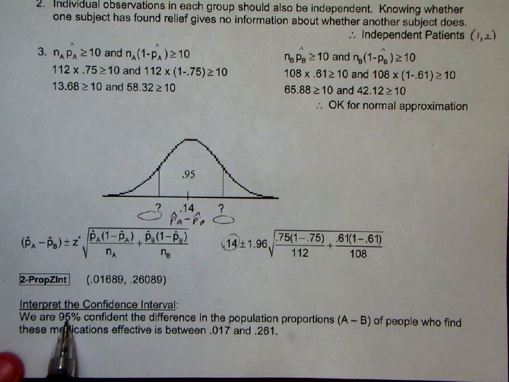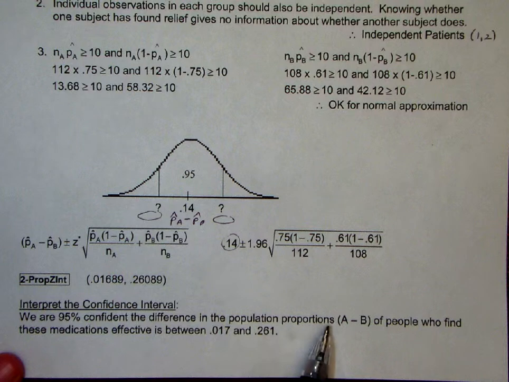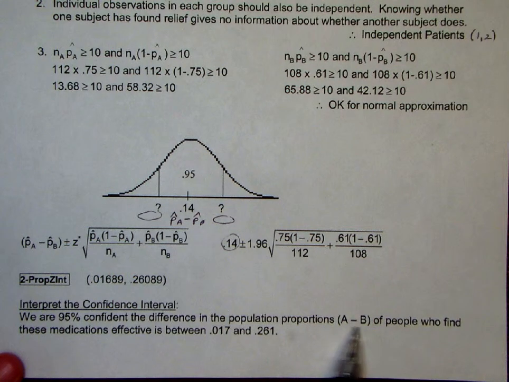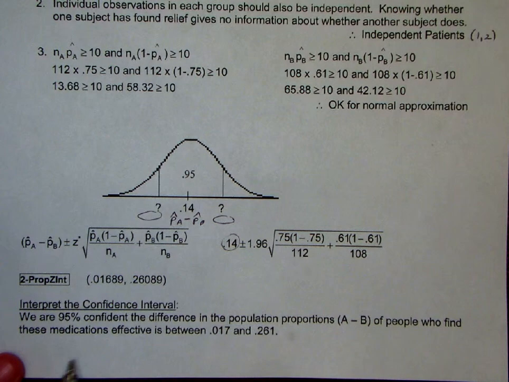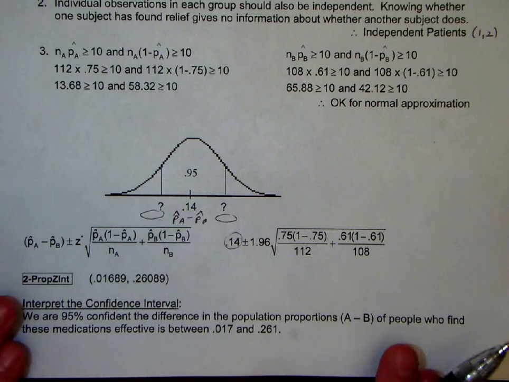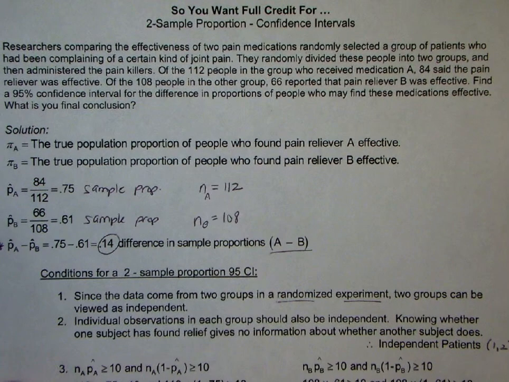We are 95% confident the difference in the population proportion of people who find these medications effective is between 0.017 and 0.261.